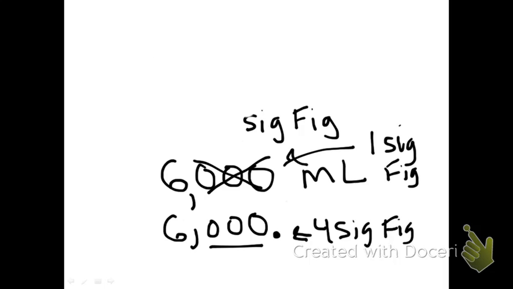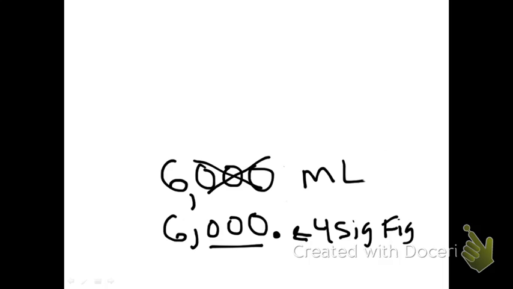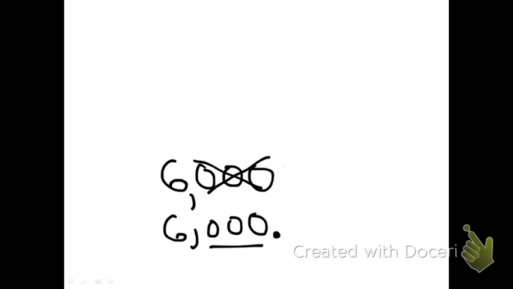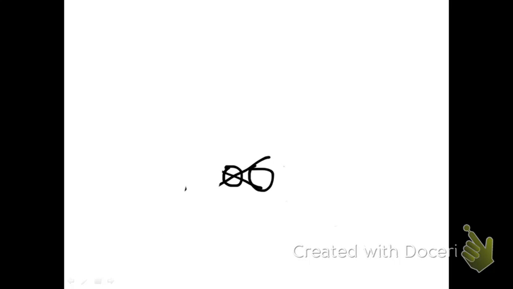Alright, are we starting to feel more comfortable with the rules of significant figures? Maybe let's look a little bit more in detail into this. Let's look at the number 500. Alright, so I'm going to write that down. Here's 500. Now notice that there is no decimal place in my answer, so therefore I only have one significant figure, and that would be the 5.